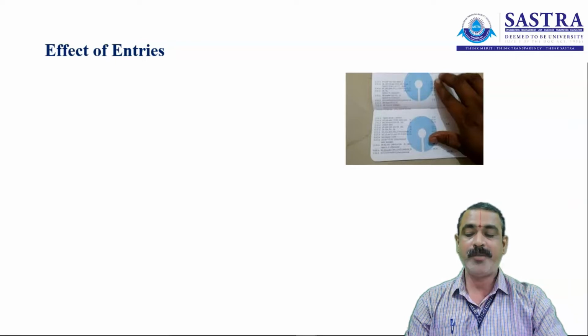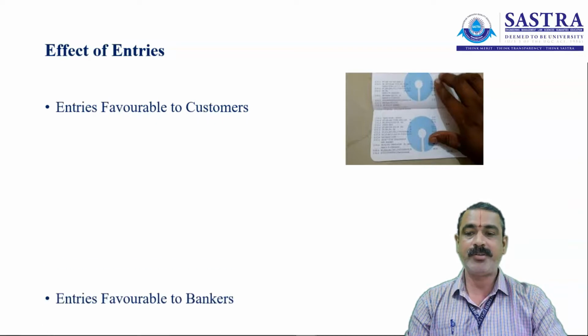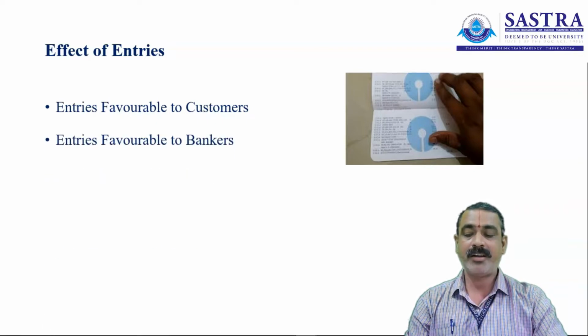According to him, the purpose of the passbook is to help mitigate the loss on account of negligence or recklessness on the part of either the banker or the customer. The effect of entries made in the passbook might be either favorable to the customer or to the banker in some aspects. What are such aspects?